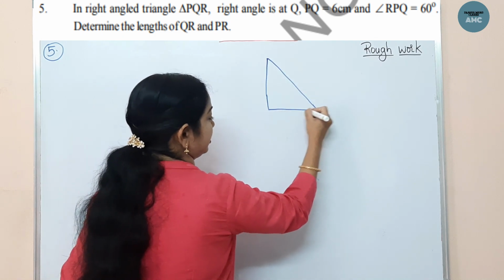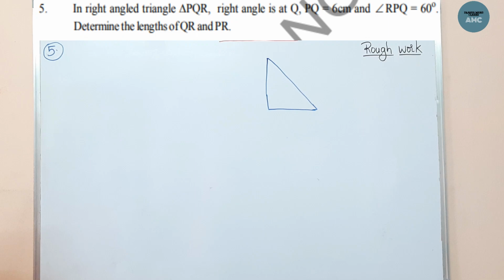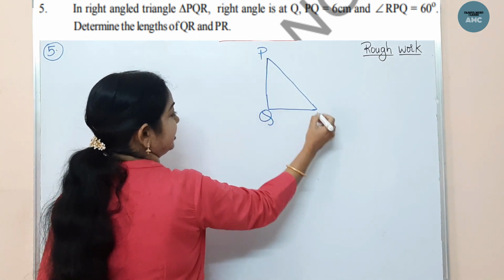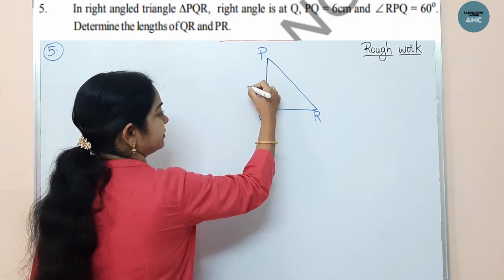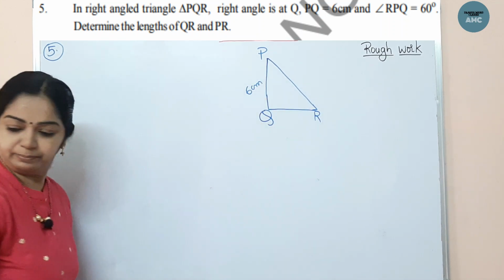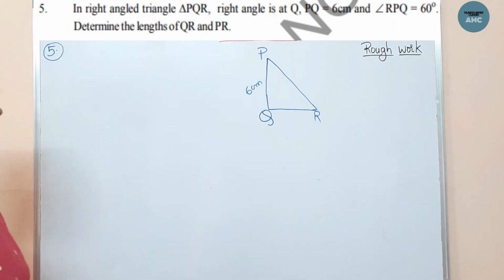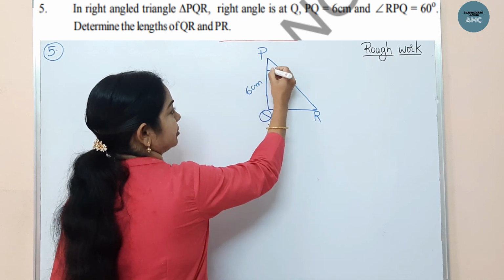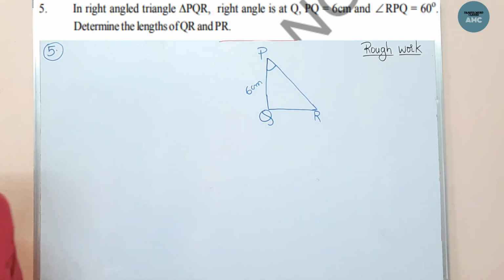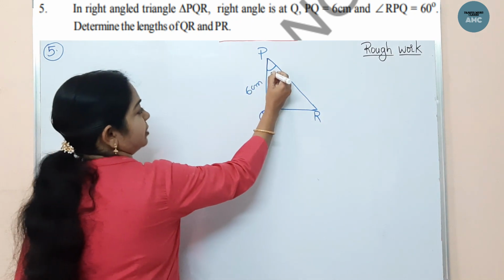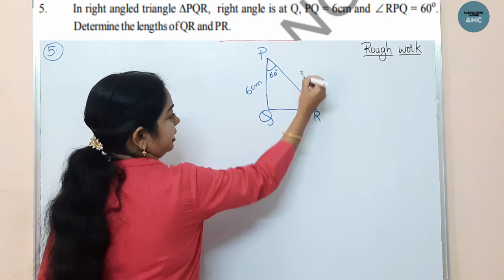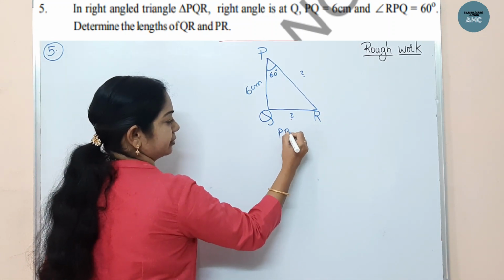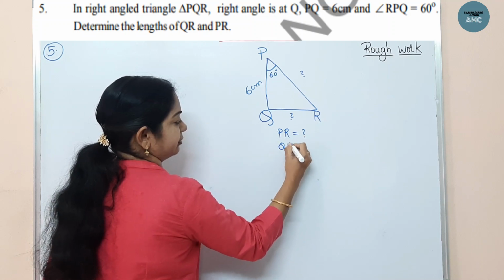So PQR, right angled at Q. So let me suppose this is P and R. Also PQ value is given, 6 centimeters, and angle RPQ is given as 60 degrees. We are asked to find out PR and QR.